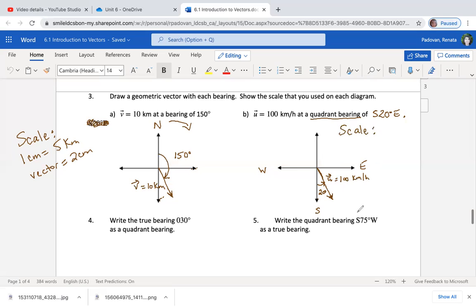This isn't 100 kilometers long. So we always use centimeters. So 1 centimeter is equal to, again, I feel like if it was equal to 100 kilometers, 1 centimeter is a little short. So if I made it equal to 50 kilometers per hour to fit everything in, then my vector is going to be 2 centimeters long, right? 50, 50, 100. Okay, let's move on to number 4.